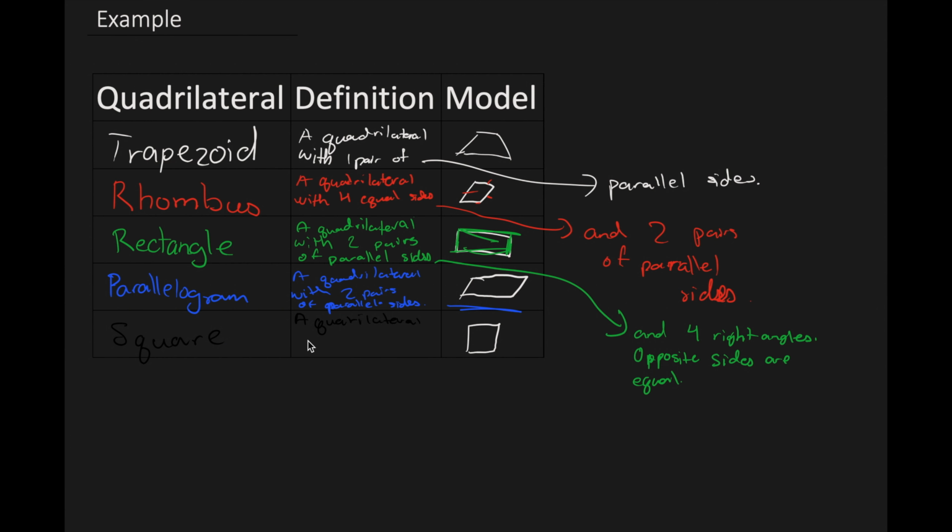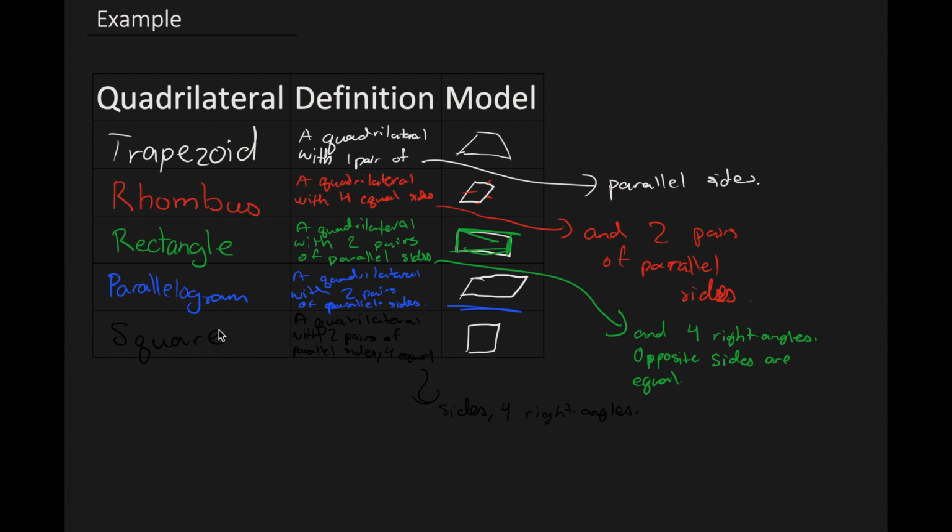So a quadrilateral with two pairs of parallel sides, four equal sides, four right angles, and I think that's everything, right? Let's see. Two pairs of parallel sides, four equal sides, and four right angles.